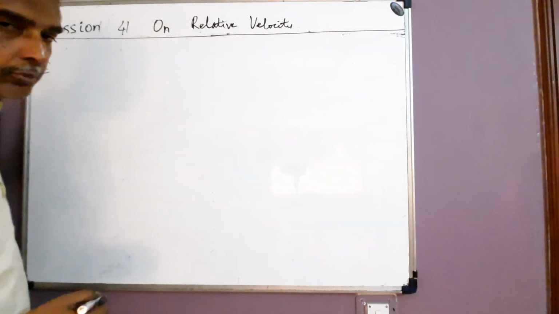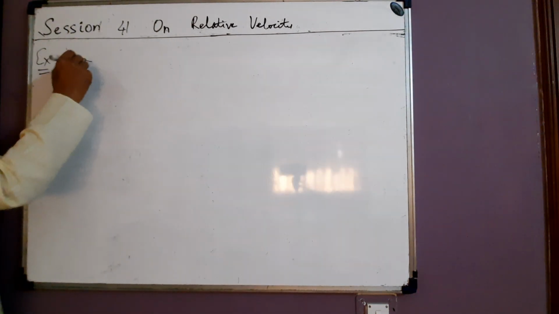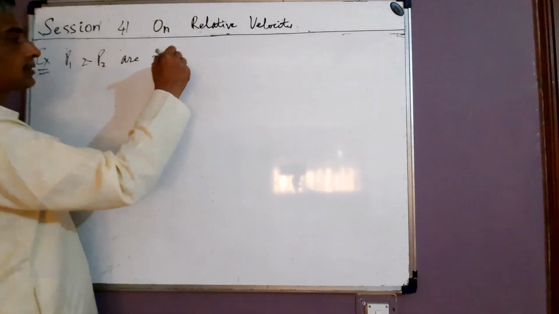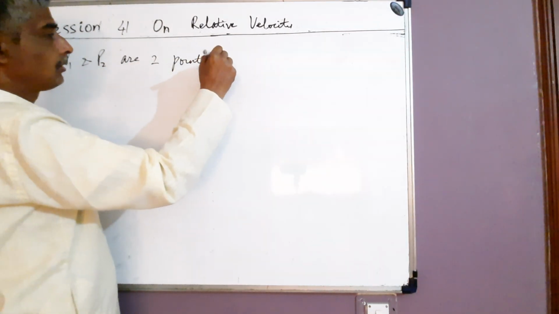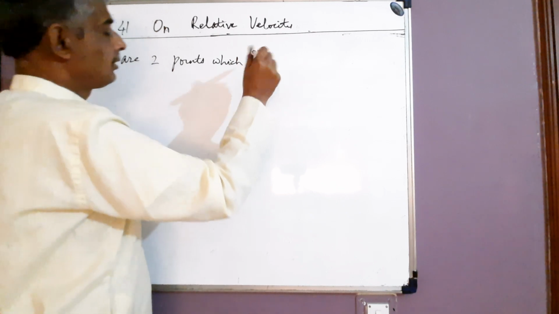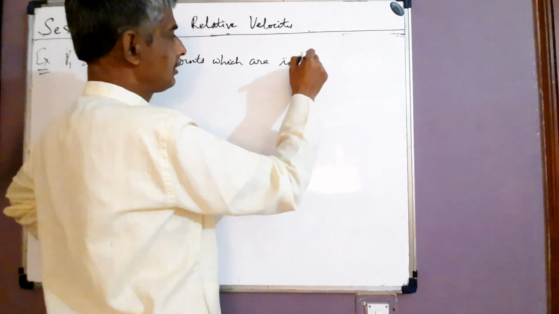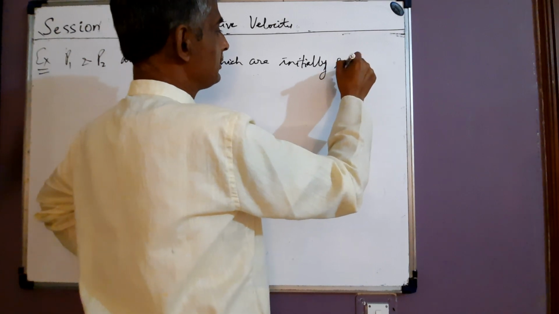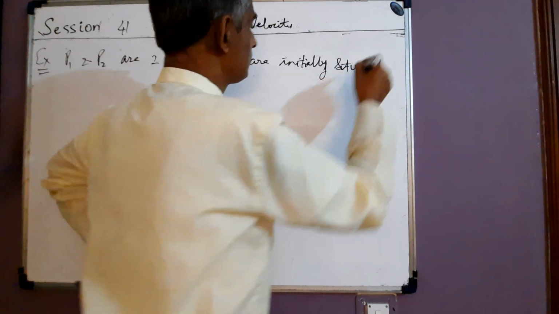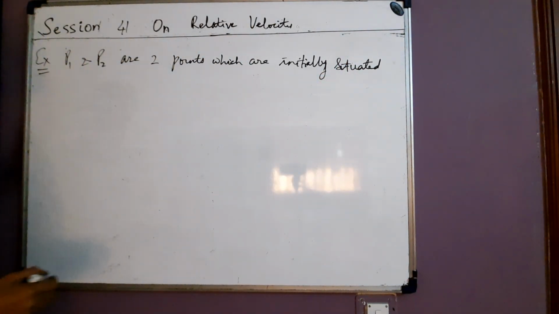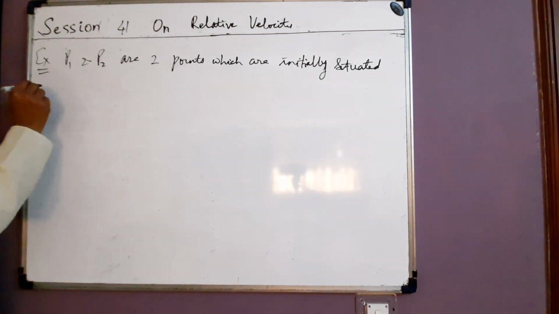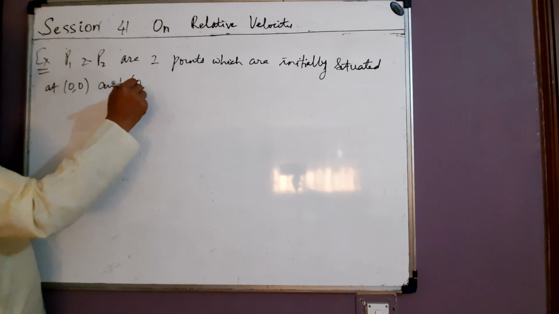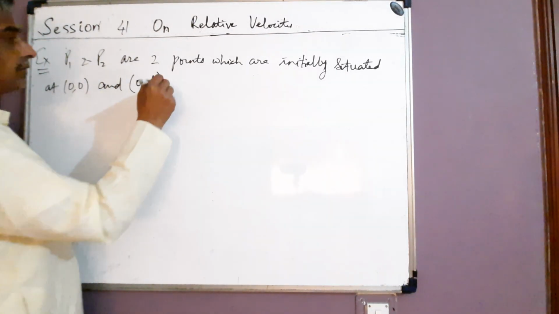P1 and P2 are two moving points. P1 and P2 are 2 points which are initially situated at 0, 0 and 0, L respectively.